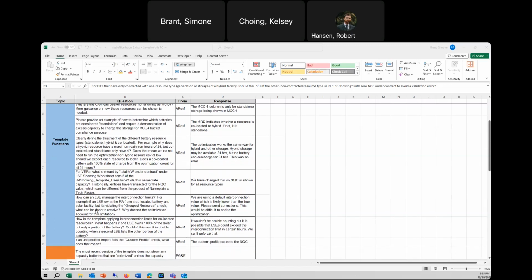I think this is from an older version. As we just mentioned, we've taken the feedback in the previous sessions. So now everything will have the NQC value, and as requested, those will be directly translatable to the supply plan values.